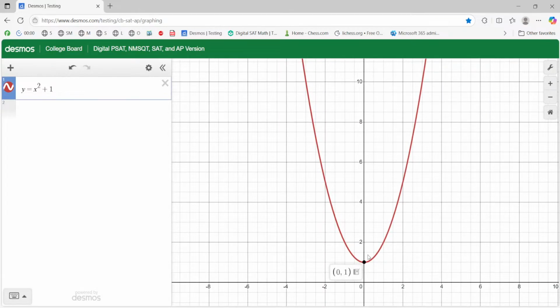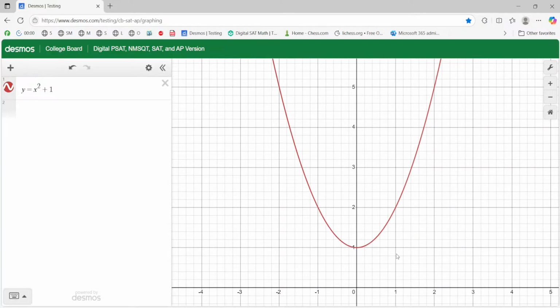At x equals 0, you have y value 1. We just inputted x equals 1. What we got just before when we input x equals 1, you can see here at x equals 1 you have y value 2, which we got just before when we substituted.